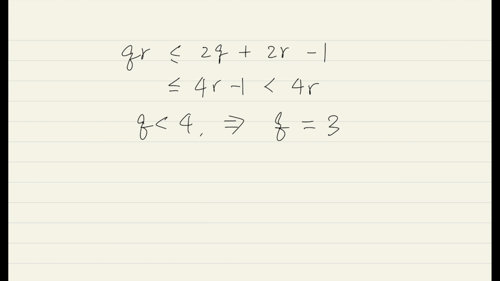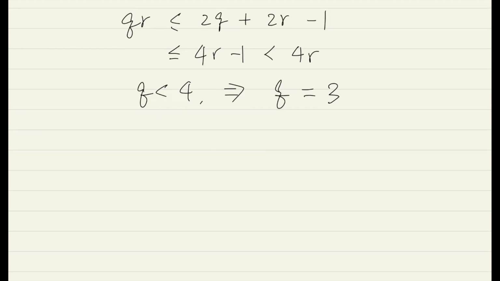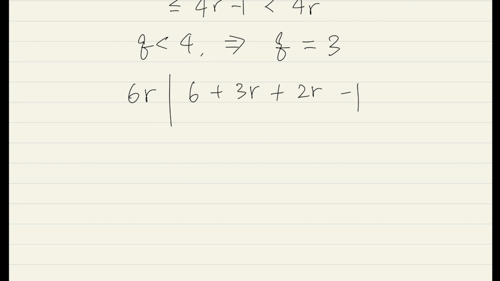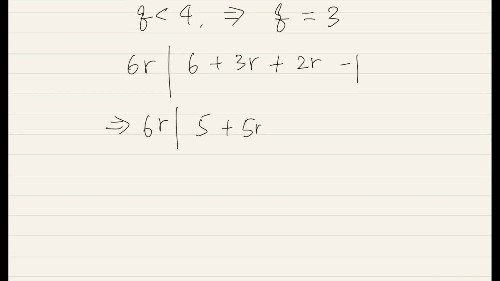Now let's go back to the question. We have P equals 2 and Q equals 3. So 6R divides PQ, which is 6, plus QR, which is 3R, plus 2R, minus 1. We can further simplify this divisibility: 6R divides 5 plus 5R.